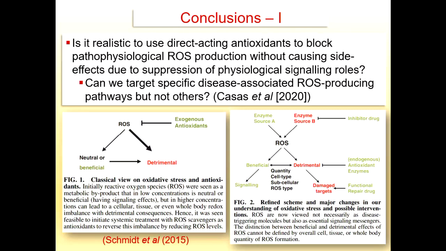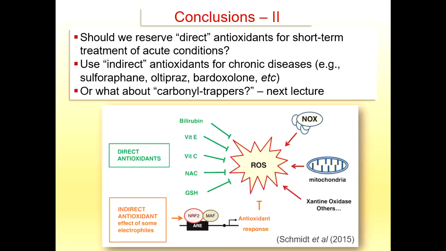So just giving massive doses of exogenous antioxidants every day of your life is probably not a very good idea. So what people are realising, we need to start working out where the reactive oxygen species are coming from in a particular disease, and can we come up with inhibitors that block that without interfering with healthy production of superoxide. So we're getting smarter, and people are realising now we need to target whatever deleterious process is producing reactive oxygen, rather than just shutting down all reactive oxygen production in vivo.